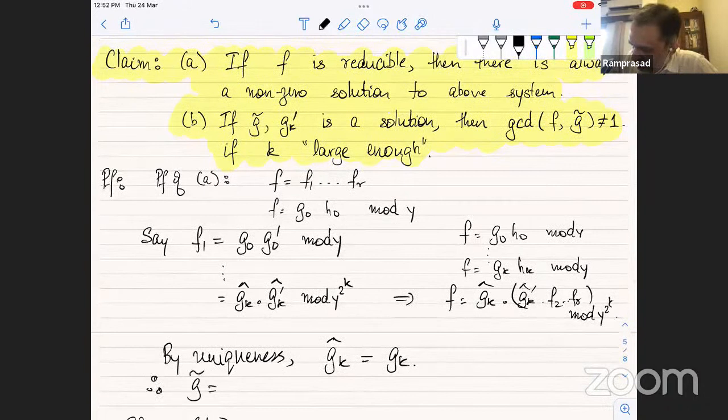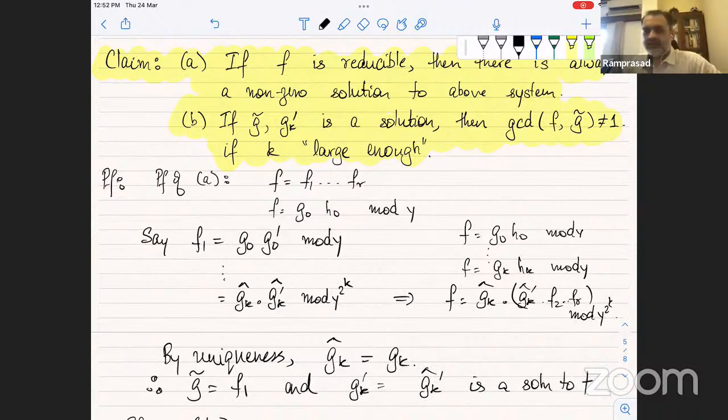So therefore, G tilde equal to F1, and whatever GK hat prime was, is a solution to dagger. Because that basically says that F1 equals GK prime, which now is equal to GK, times some polynomial mod Y to the power 2 to the power K. And I know that F1 has the right degree.